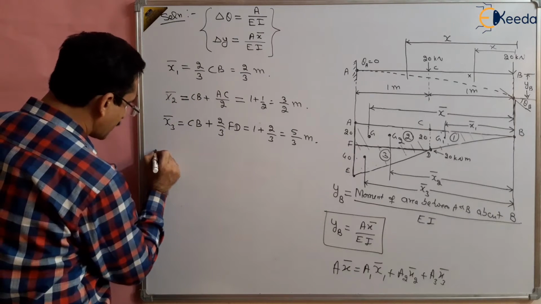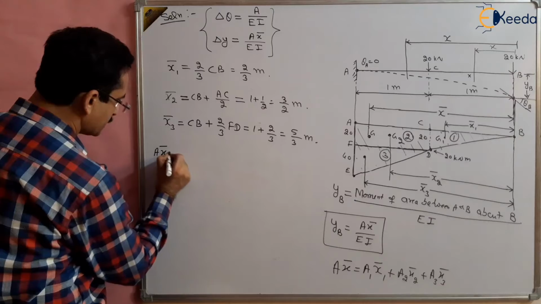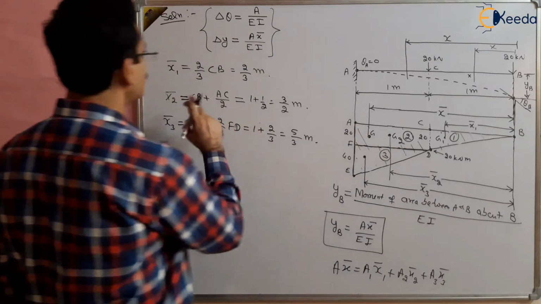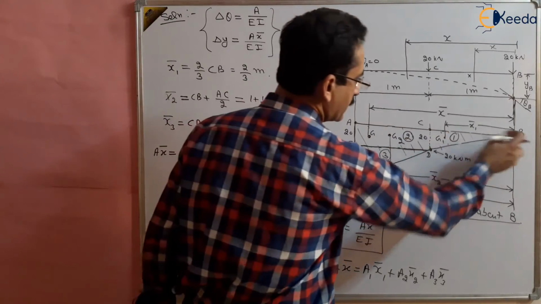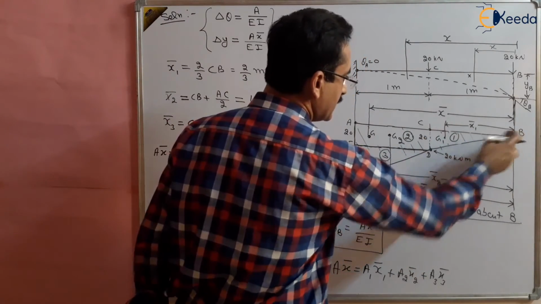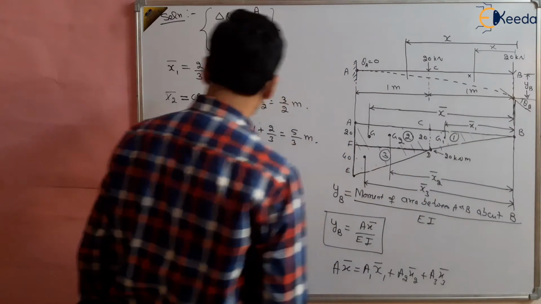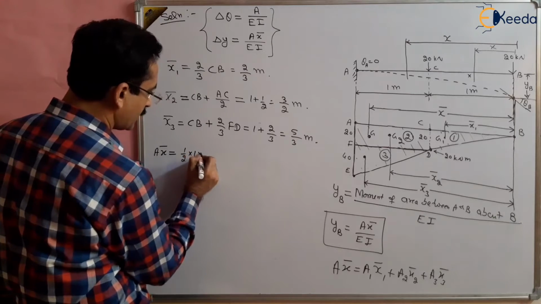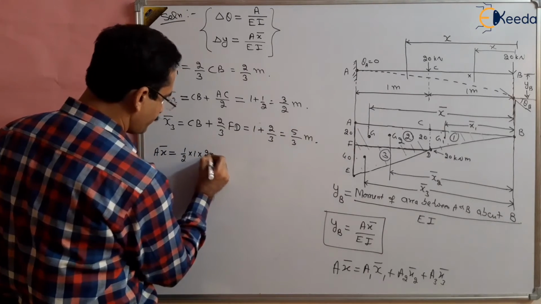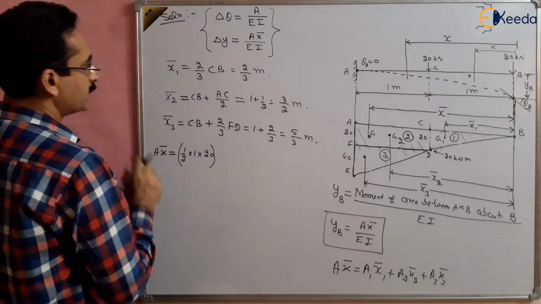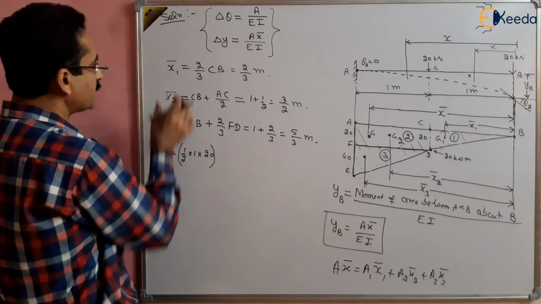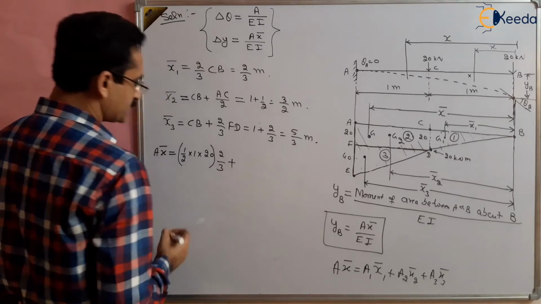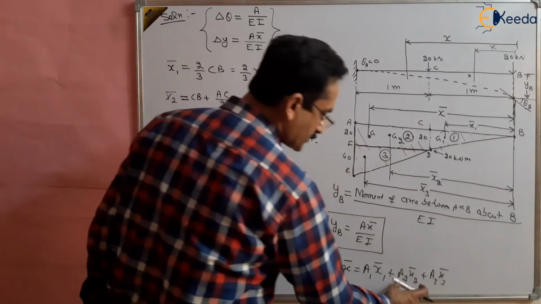A x bar can be found using this equation: A1 x1 bar. A1 is known to us, the area of this triangle CDB. So this is half multiplied by base multiplied by height, which is 20, and multiplied by x1 bar, which is 2 by 3, plus A2 x2 bar.